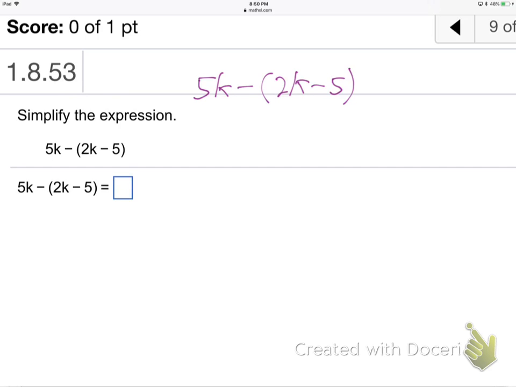Hey, what about the 5? So we become 25k? Yeah, but it's negative. That negative goes to... because it's minus.